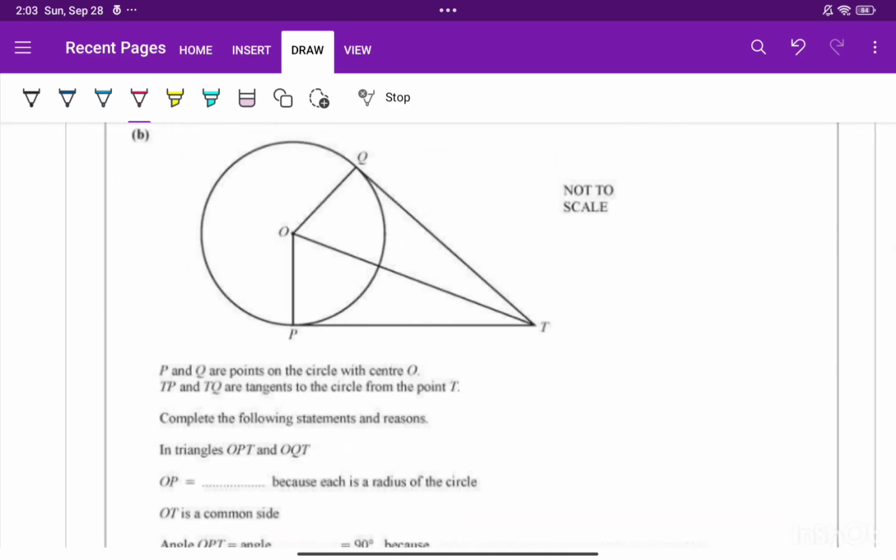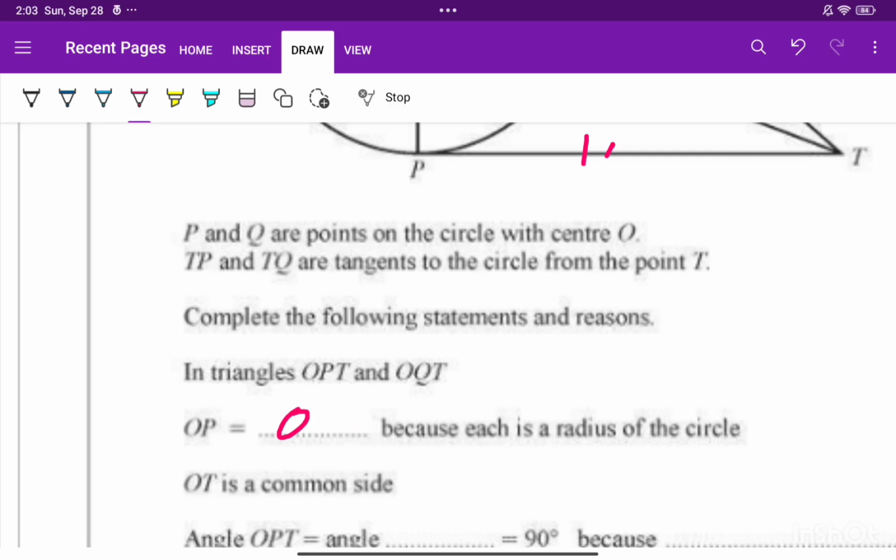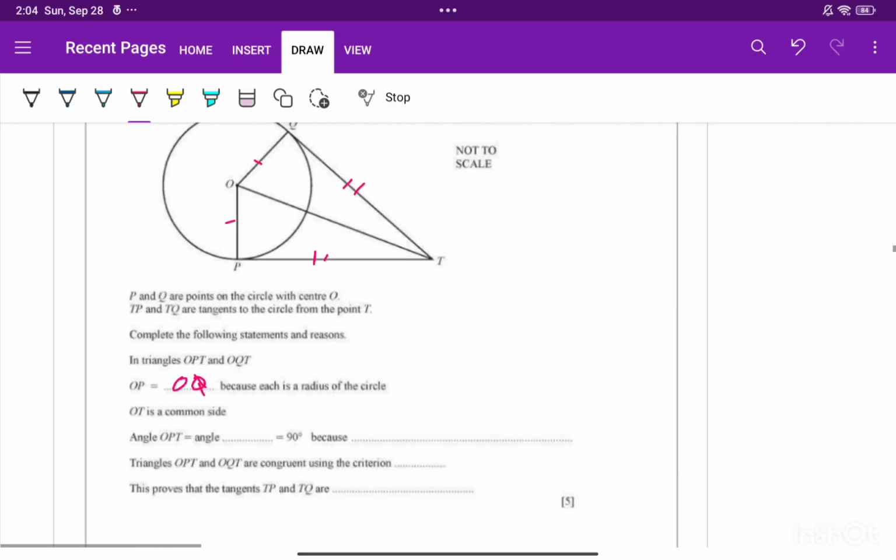Part B. P and Q are points on the circle with center O. TP and TQ are tangents to the circle from point T. This will be equal, and this will be equal because they are the radius. Read the following statement and reason. In the triangle OPT and triangle OQT, OP is equal to OQ because they are radii, which we already said. OT is common side.